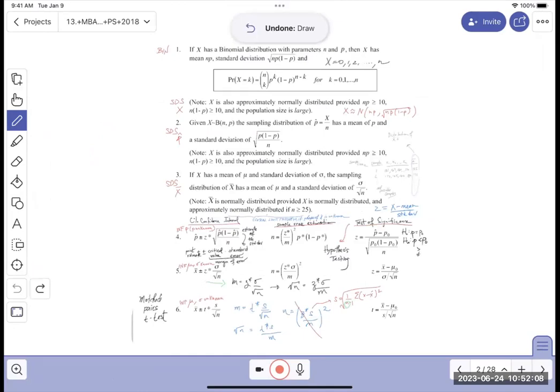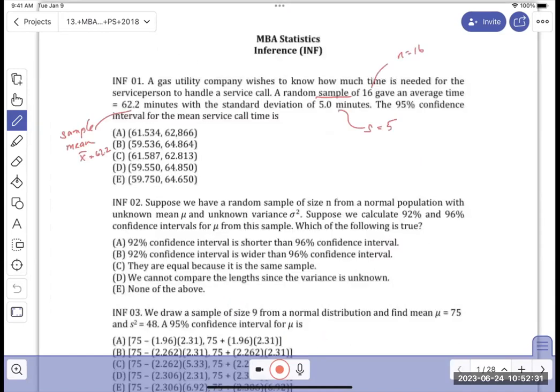Number 6. So when all I have is a sample, I have to use number 6, the T.